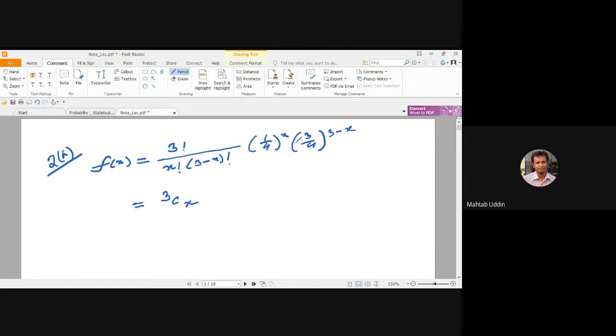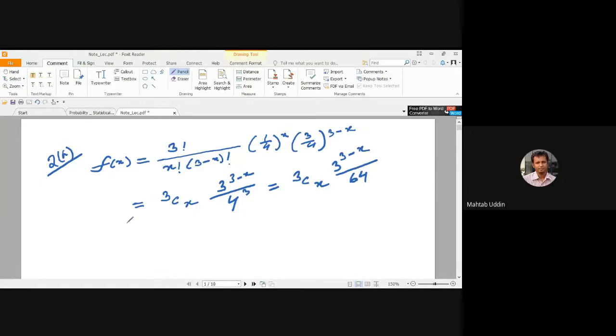And for this part, we can write 3 to the power 3 minus x divided by, you can see 4 power x and 3 minus x, so 4 cube. That is 3 C x times 3 to the power 3 minus x over 64. Am I right? Yes. Now we can put the value. I think it's now easier.